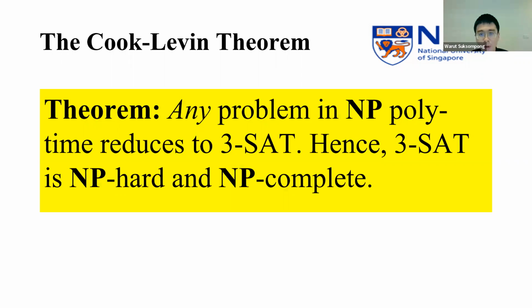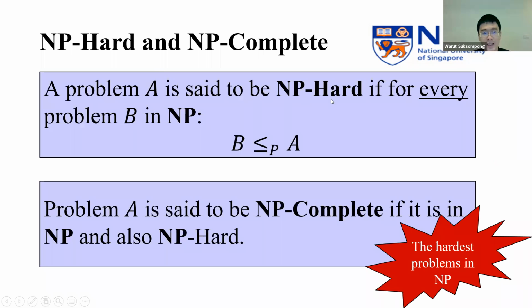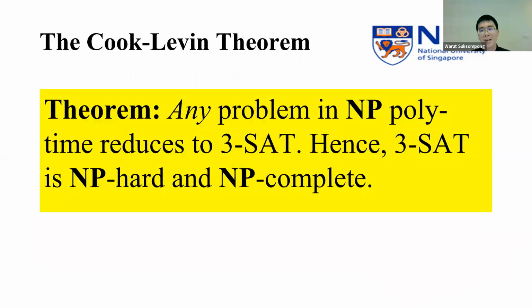It says that every problem in NP can be reduced in polynomial time to 3-SAT. Remember, problem A is said to be NP hard if for every problem B in NP, B can be reduced in polytime to A. Here the statement says any problem in NP polytime reduces to 3-SAT.